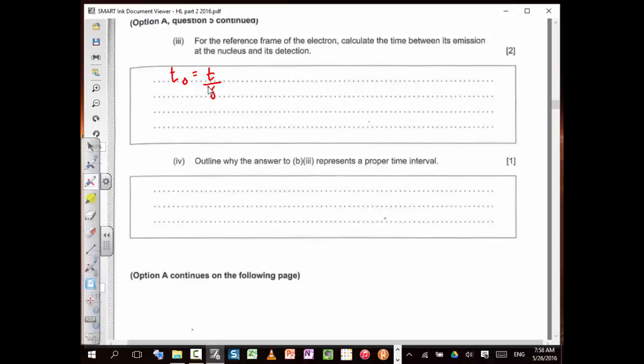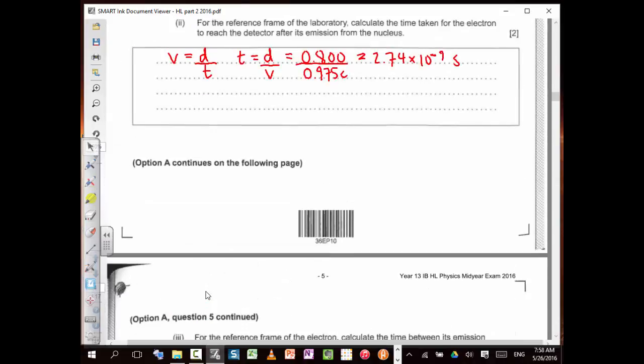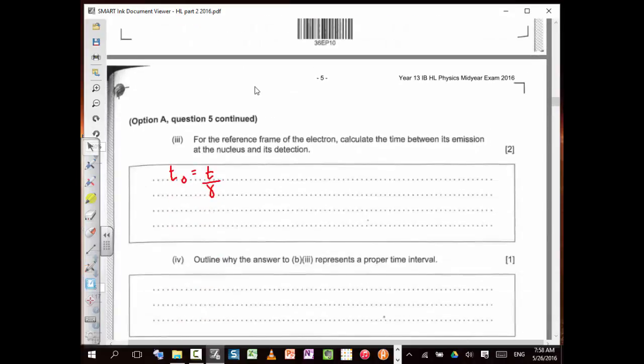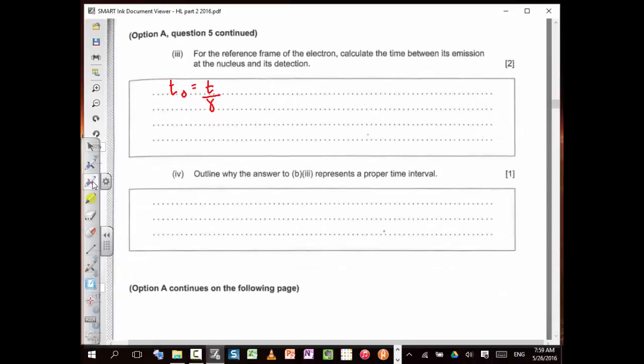We can use the time that we calculated in the previous question, 2.74 times 10 to the negative 9, divided by 4.5, which turns out to be 6.08 times 10 to the negative 10.